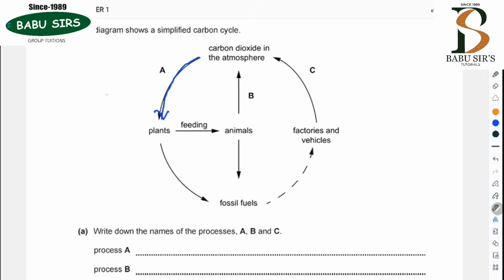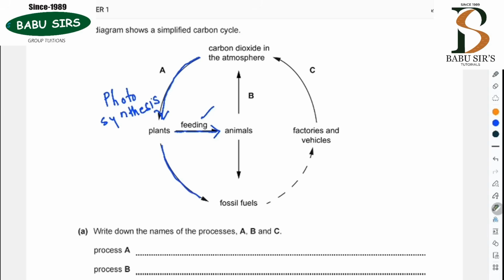So this process is nothing but photosynthesis. Then this plant is eaten by animals. So here the word feeding is written already.